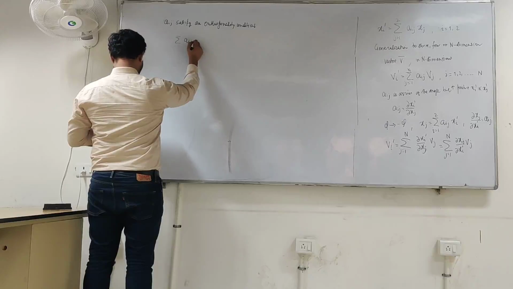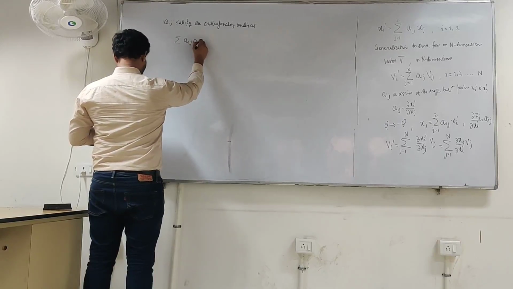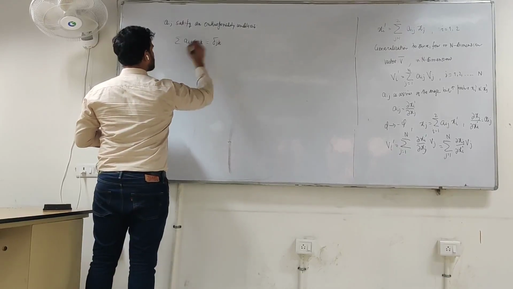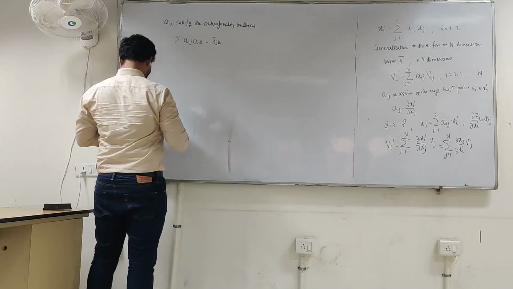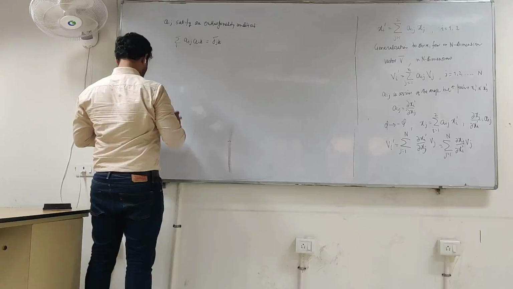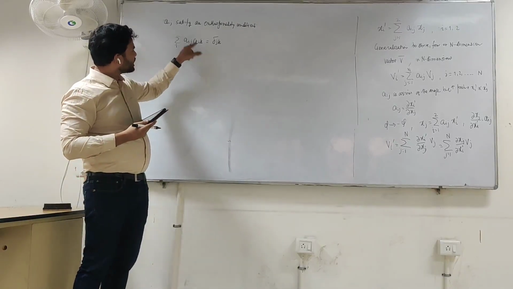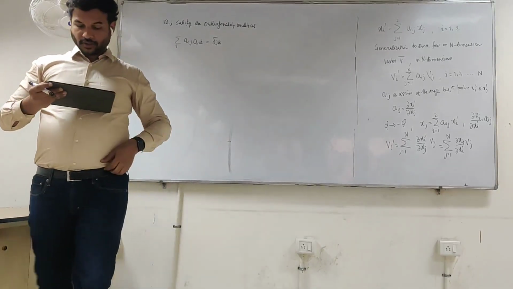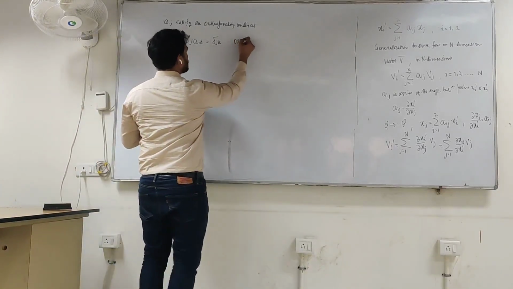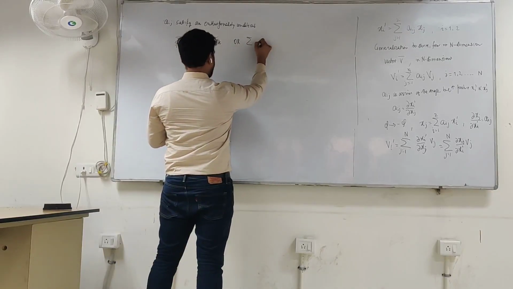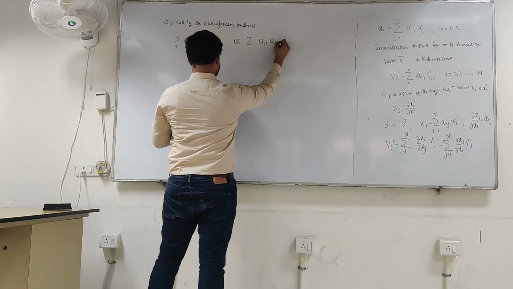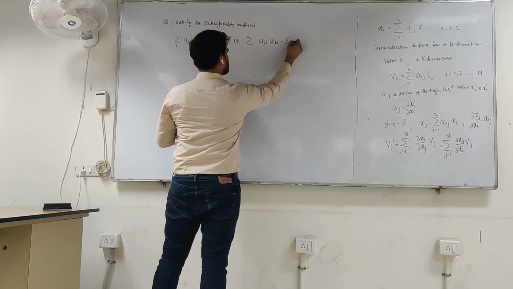Summation over I of aij aik is equal to delta jk, where you are summing over the repeated, dummy index I, or equivalently you can write summation over I of aji aki is equal to delta jk.